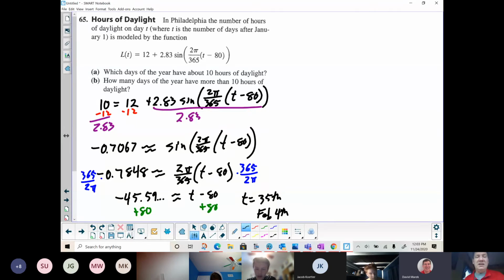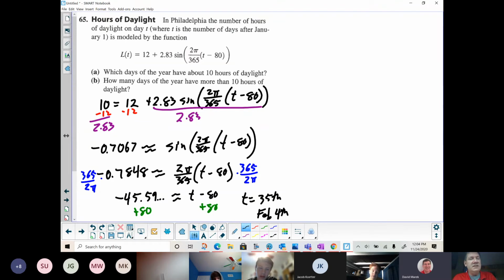But wait, there should be a second answer, shouldn't there? Again, it's cyclical. How much do you guys pay attention to the summer solstice, the winter solstice, the spring equinox, and the fall equinox? We're still in this cycle that started back in June.